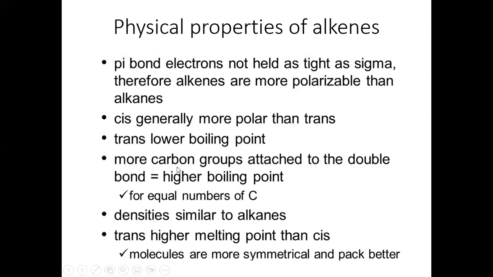More carbon groups attached to the double bond will give a higher boiling point, right? The density will be similar to the alkane. Trans has a higher melting point than cis, because the molecules are more symmetrical and pack better, right?